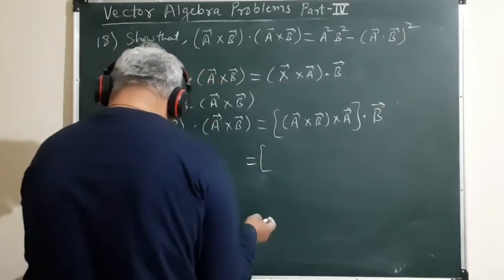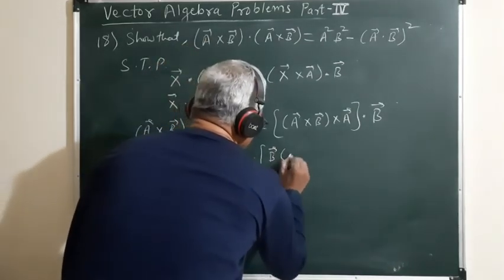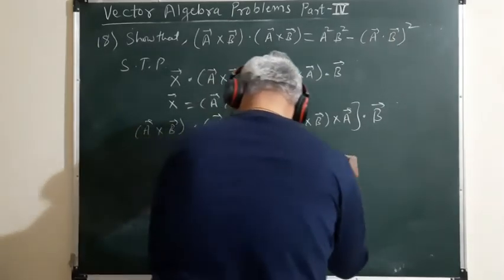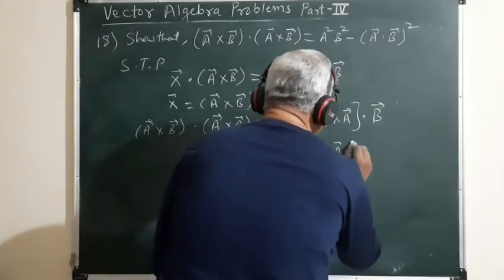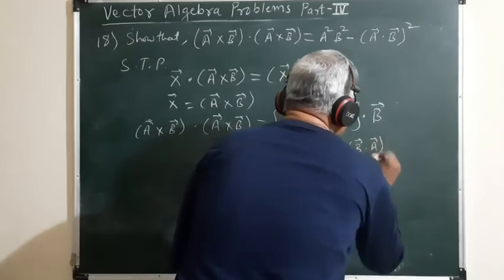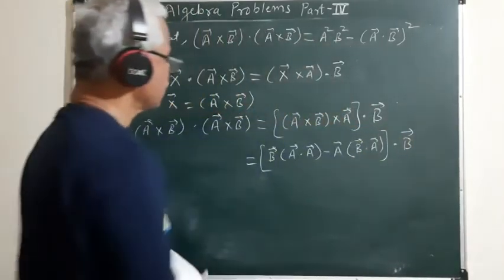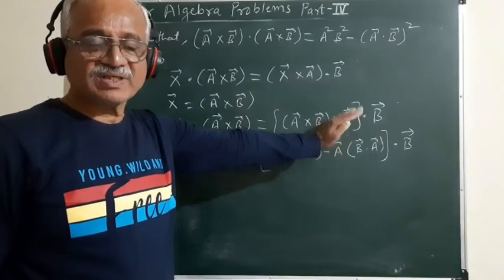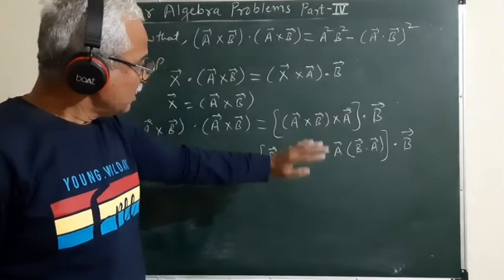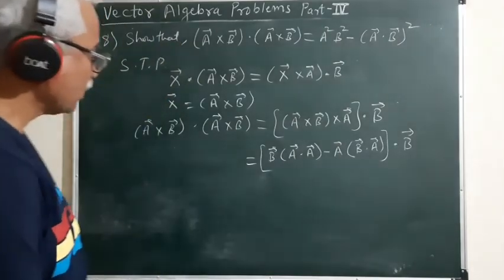In accordance with the back-cab rule, the right hand side can be expressed as b bar into bracket a bar dot a bar, minus a bar into bracket b bar dot a bar, dot b bar. So by using the definition of this vector triple product and the back-cab rule, we can express this vector triple product like this.